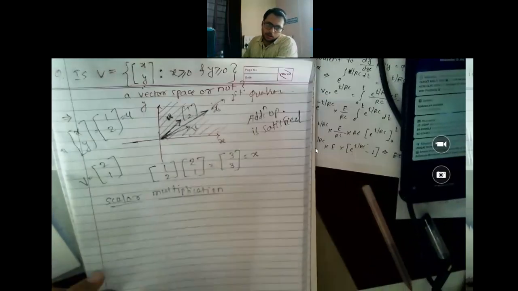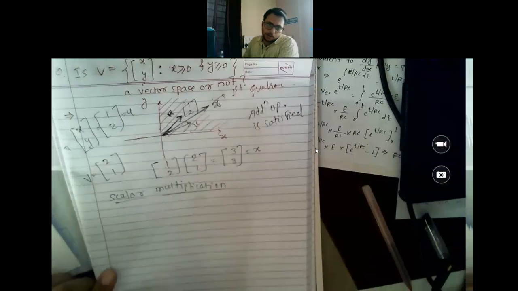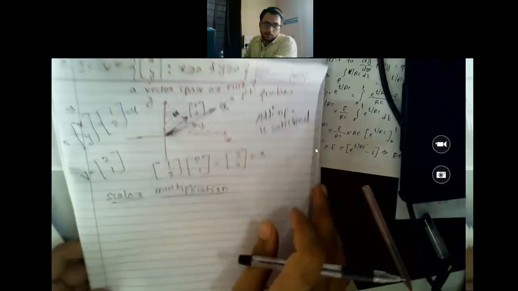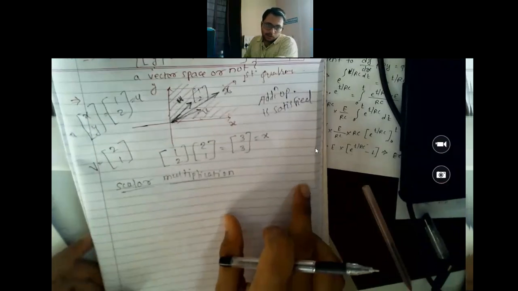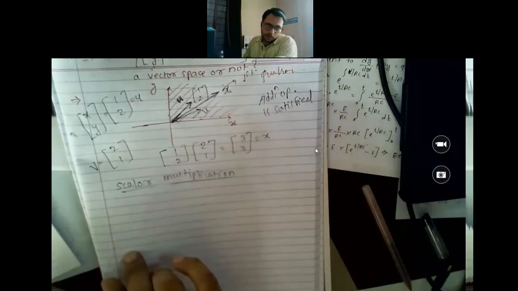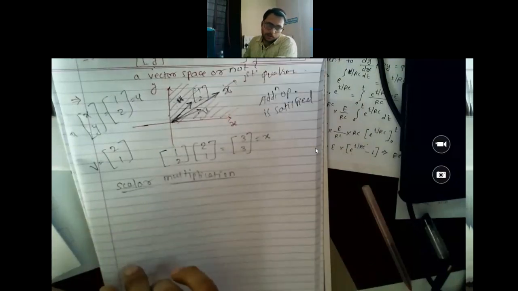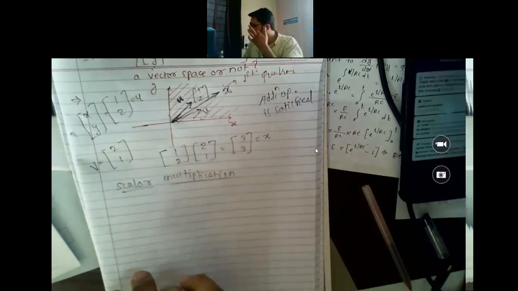That's why I have started to use pen and paper, so please cooperate with me. Can you tell me whether it is closed under scalar multiplication or not? In other words, I am asking whether the scalar multiplication property is satisfied by the given space or not.